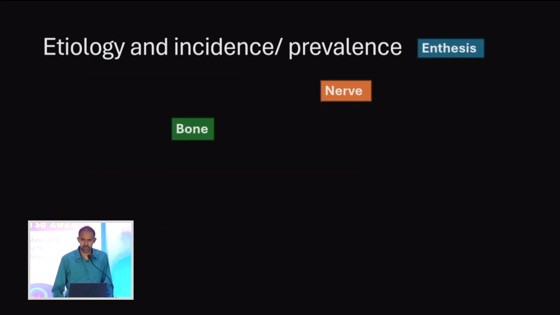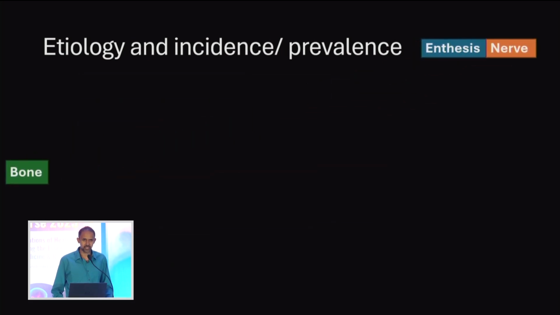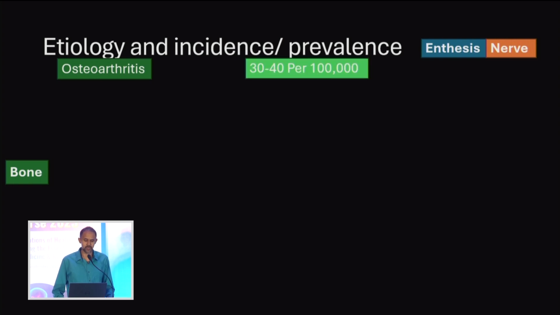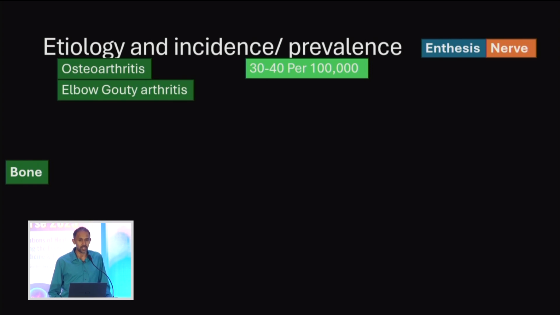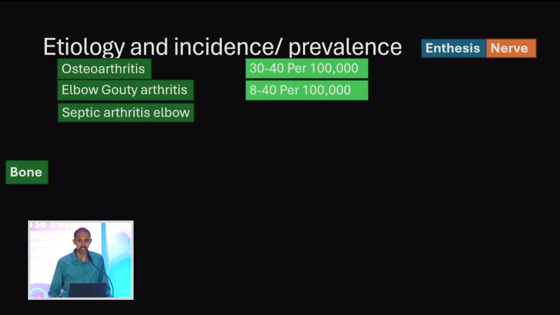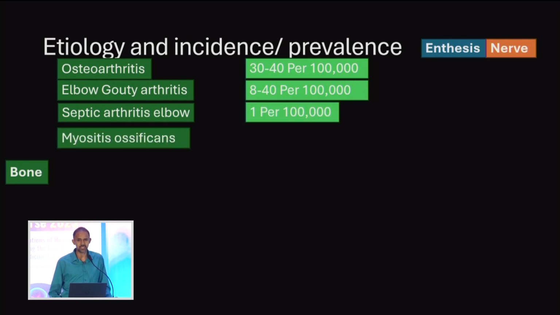The last is bone, and it's kind of a bunch of weird conditions. Osteoarthritis being the most common with 30 to 40 per 100,000. Gout in the elbow, 80 to 40. Septic arthritis, 1 per 100,000. Myositis ossificans, again, 1 per 100,000, because we're PMR, we get it all the time.